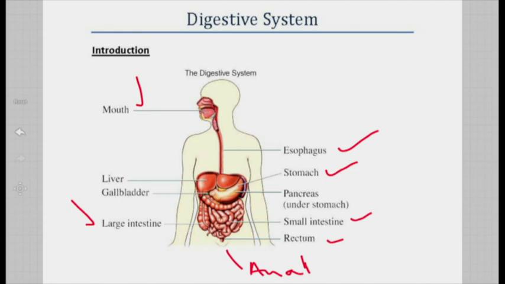Likewise, the liver also produces enzymes that act in breaking down the food, so that digestion may be facilitated. We shall look at this in more detail as we go on.